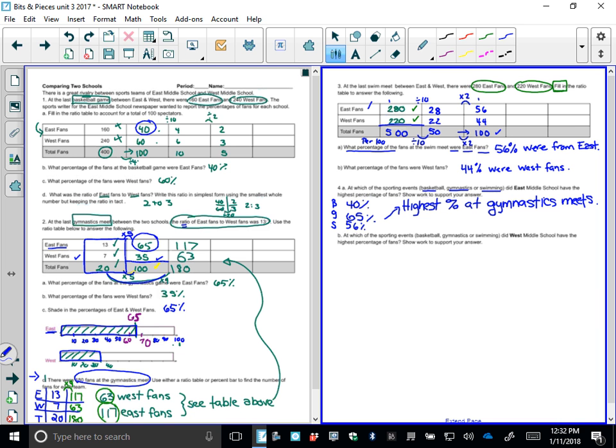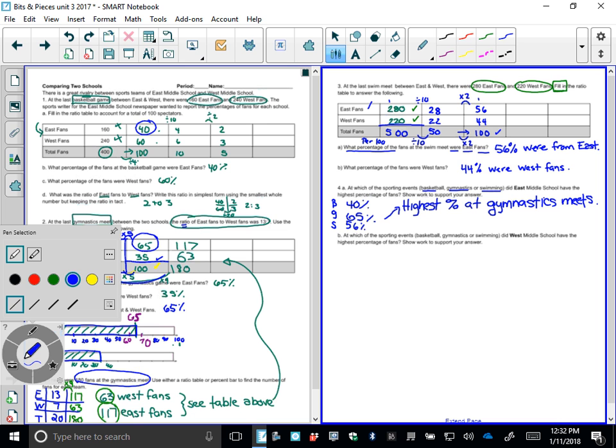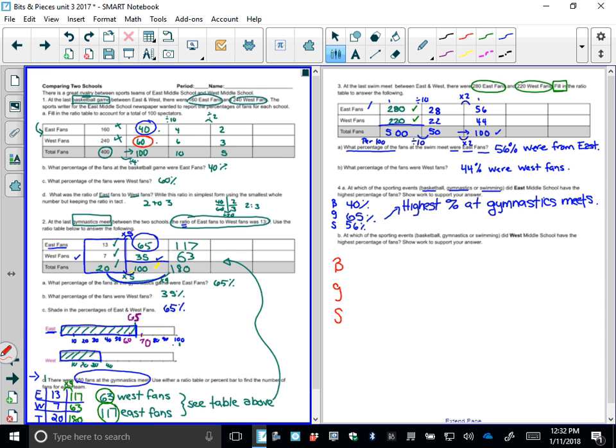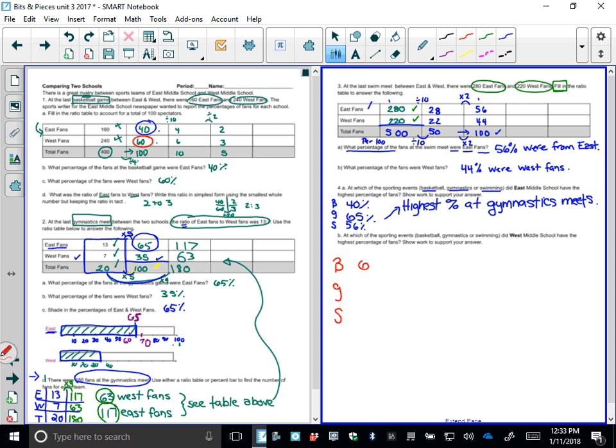And then for West, when we look at the West fans and look at the basketball, gymnastics, and swim meets, over here for basketball, 60% of the fans were West fans, and at the gymnastics meet, 35% of the fans were from West, and then at the swim meet, 44% were from West.